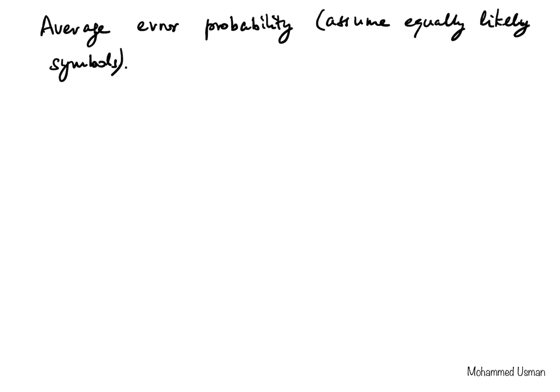That means all the m symbols have equal probability of being transmitted. So that means P(m0) equals P(m1) equals P(m2) up to P(m minus 1), right?